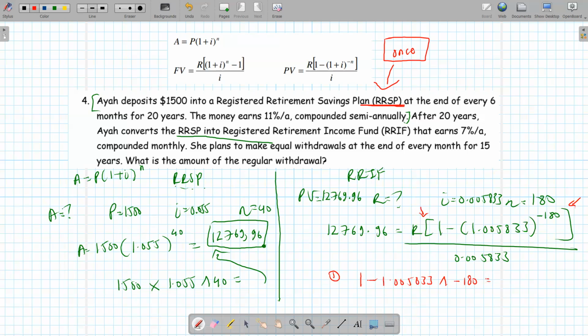This will give you some answer. And in the second step, you're just going to press that over the interest rate.